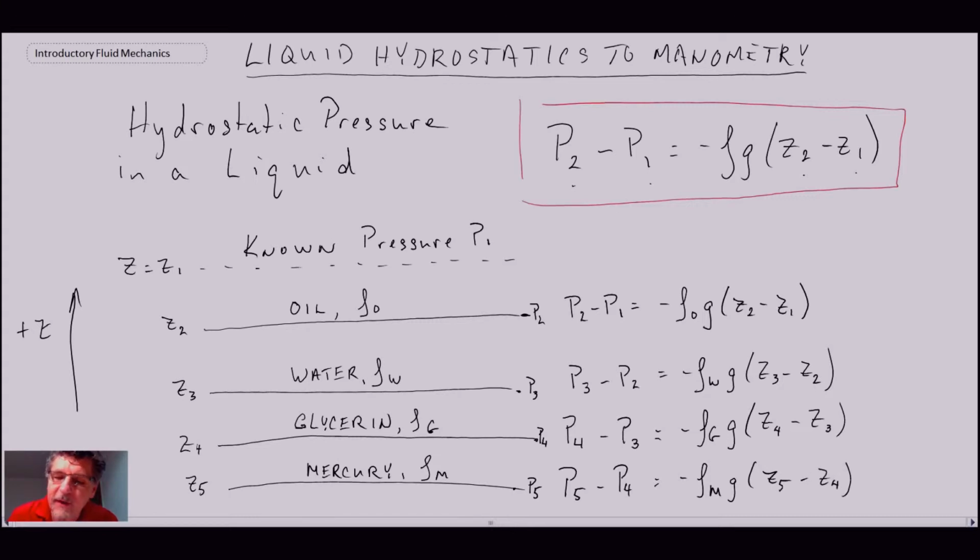So we have all of these equations, but let's say we want to know P5, the pressure at the very bottom. What we would need to do is combine all of these equations together, and that would enable us to determine it.